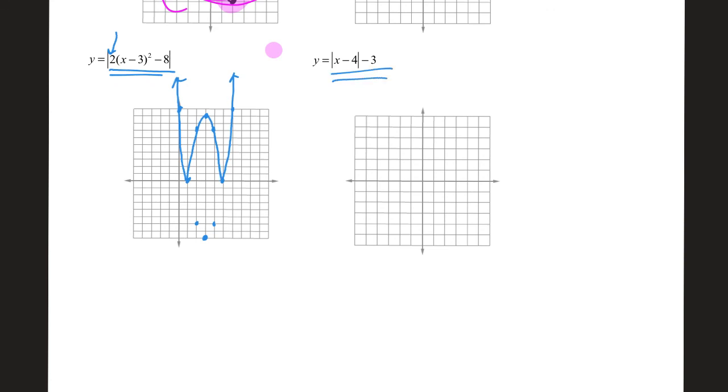And then this, you've definitely seen this before, right? And again, I could do it the way we just showed, but you know that this is an absolute value graph with a vertex at 4, negative 3. All right, and there is that graph.